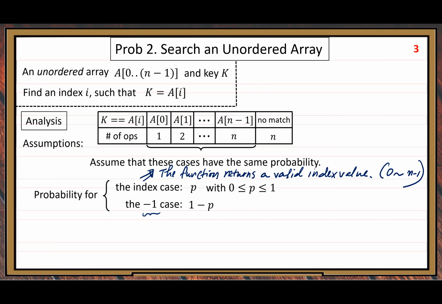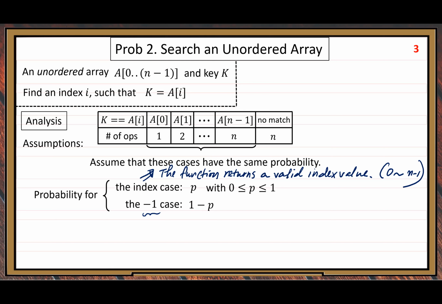Then the negative case, 1 minus P. So that's the simple probability property. And this P can change for different problems. The P could be different.